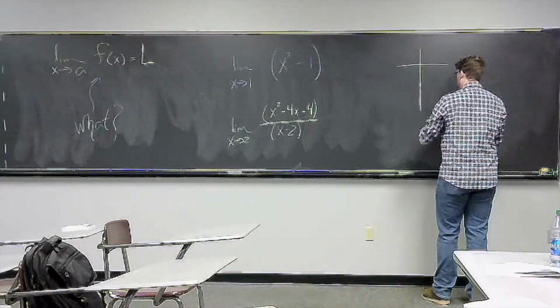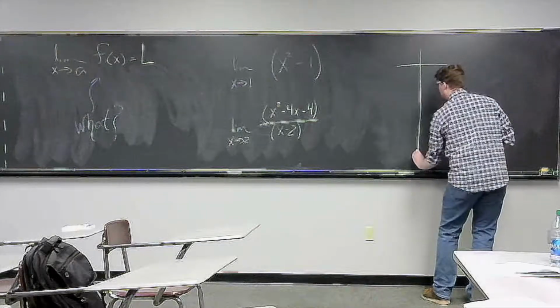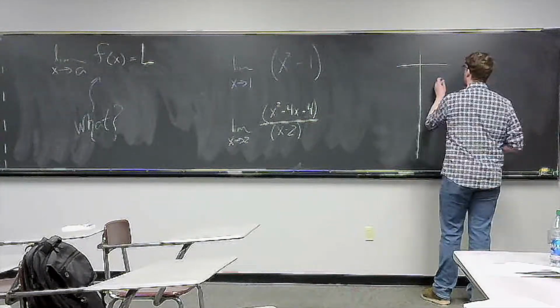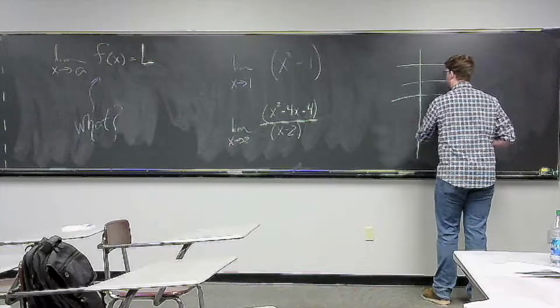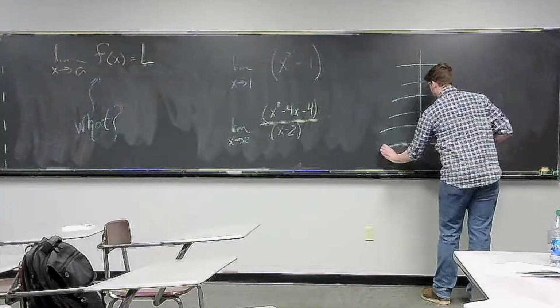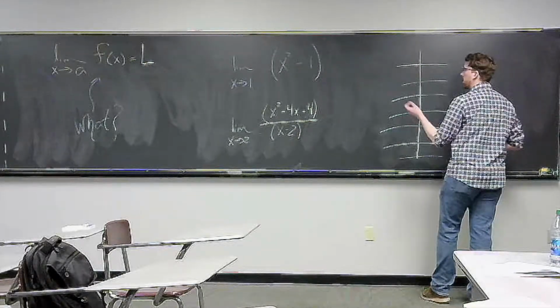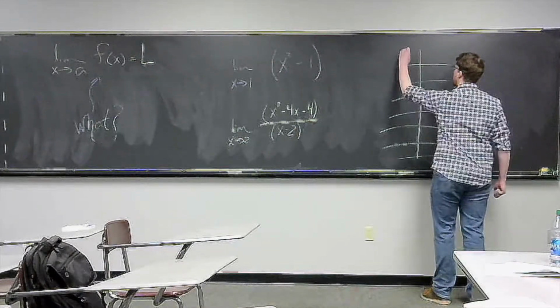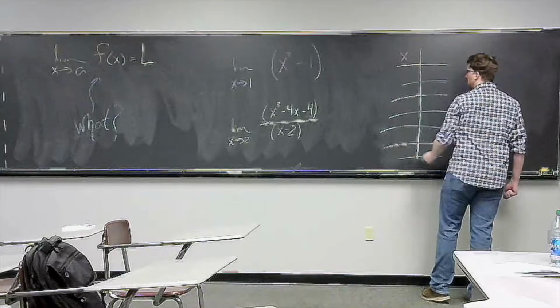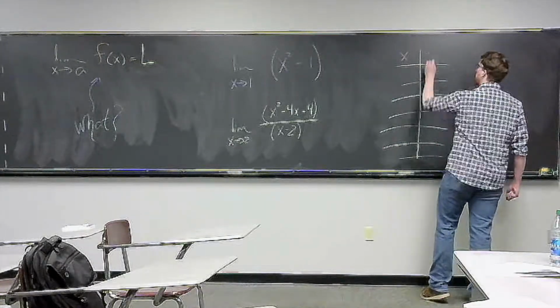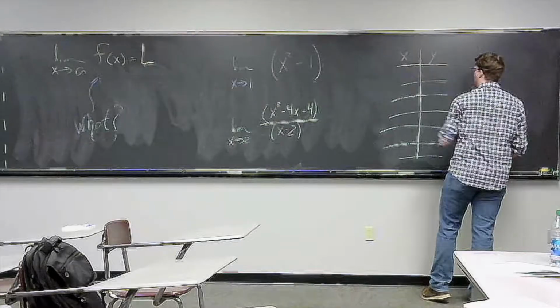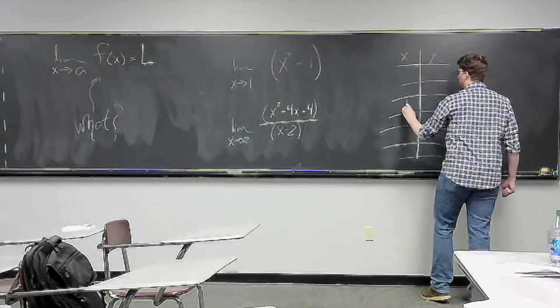So drawing the table out below, we could decide that 1 is somewhere in here. So let's have our left column be all of our x values and our right column be all of our y values. Let's say 1 is somewhere around here.